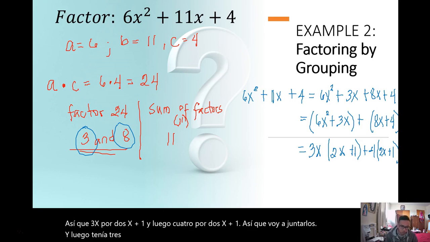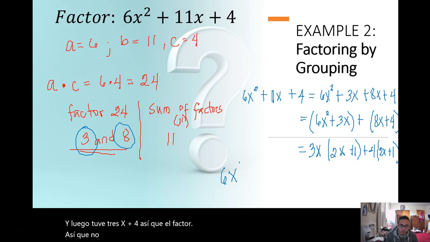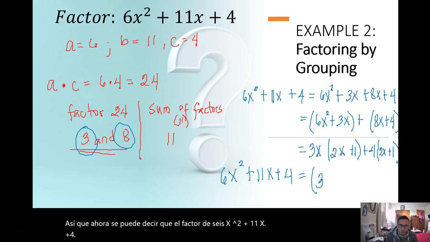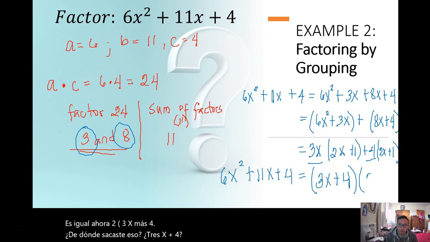So you can now say that the factor of 6x squared plus 11x plus 4 is equal now to the parenthesis 3x plus 4, times just a single 2x plus 1. And you are done there.